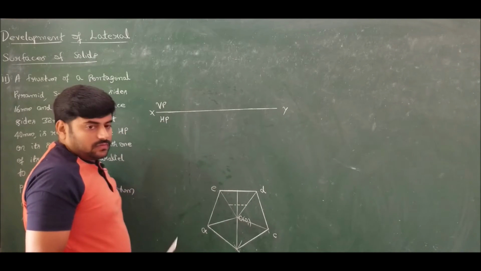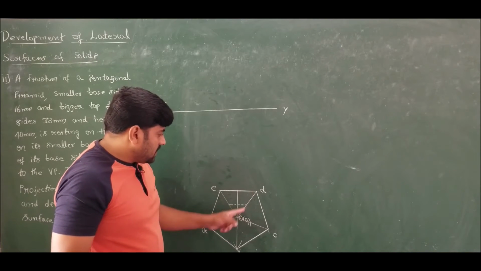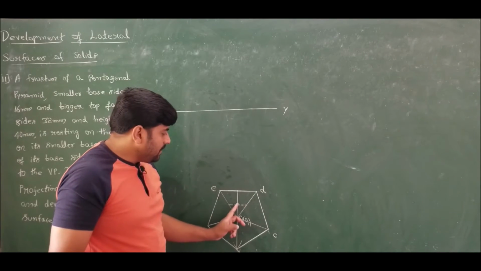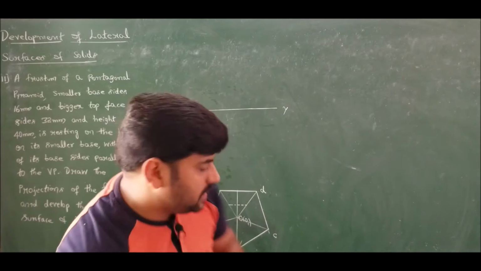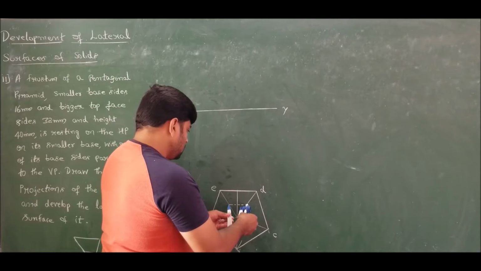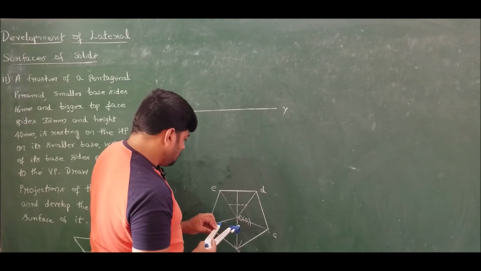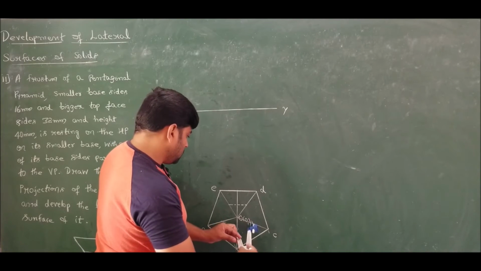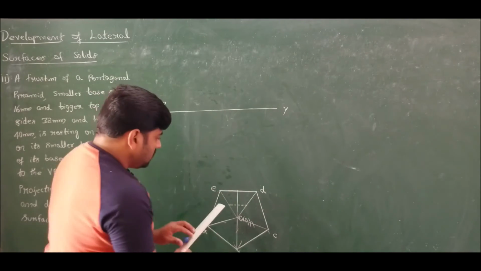Clear? Now once you draw the 16 mm line on these two slant edges, identify 16 mm in such a way that 8 is on each side, then it is very easy to complete the pentagon. Just measure this and keep cutting the slant edges. So intersect the slant edge like this and like this. Now if I connect, I will get one more pentagon of side 16 mm each.